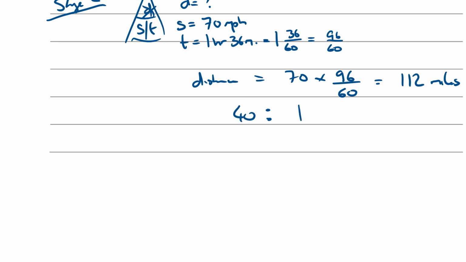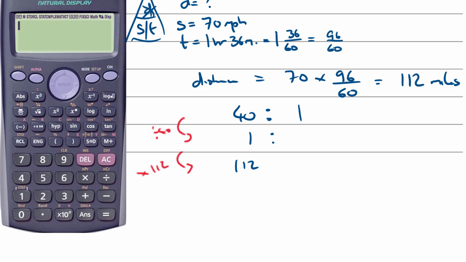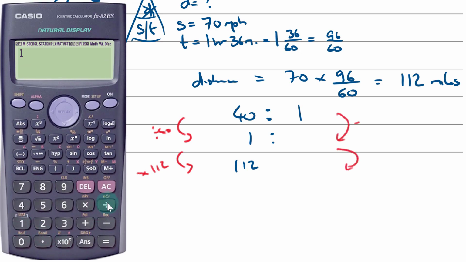So again, going via 1, and then up to 112 would mean dividing by 40 and times by 112. If I do it on that side, I've got to do it on this side as well. Divide by 40, times by 112. So taking 1, divide by 40, times 112, I get 2.8.